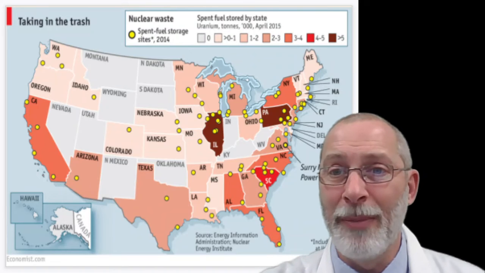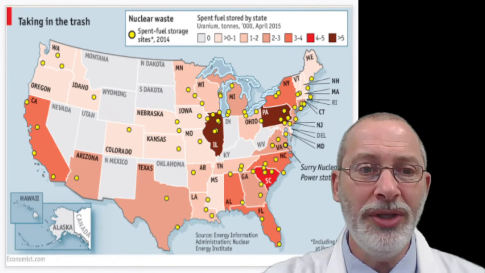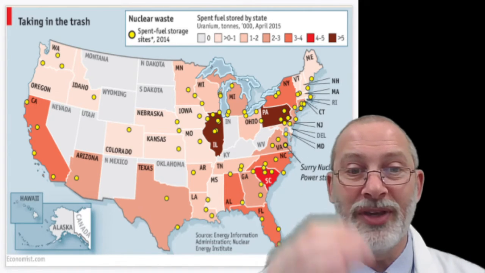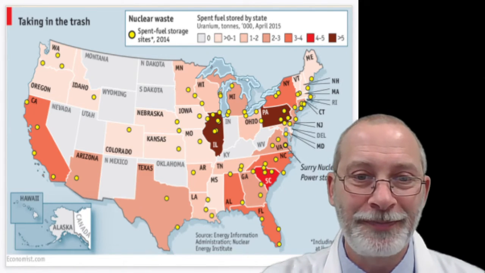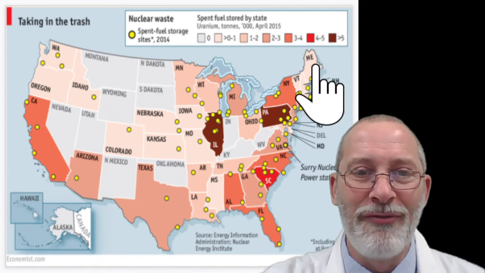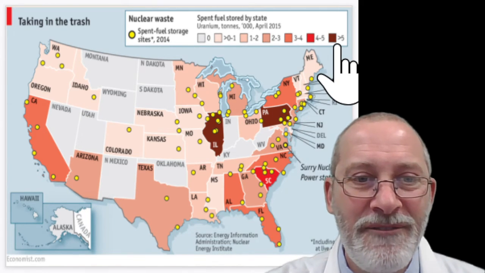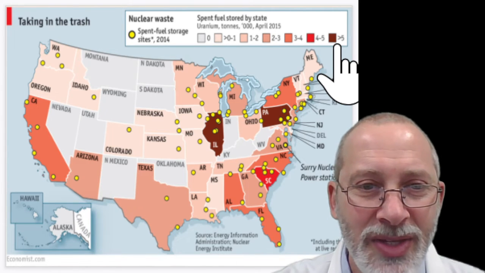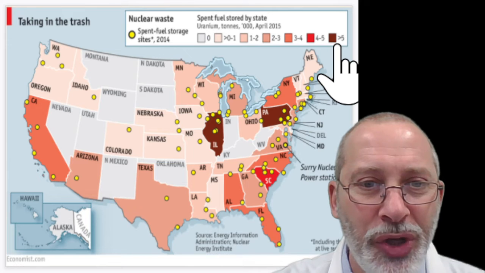In fact, here's a map. Here's a map of nuclear waste facilities. And if you look at the colors on this map, Illinois and Pennsylvania have more than 5 tons of stored uranium, radioactive uranium.